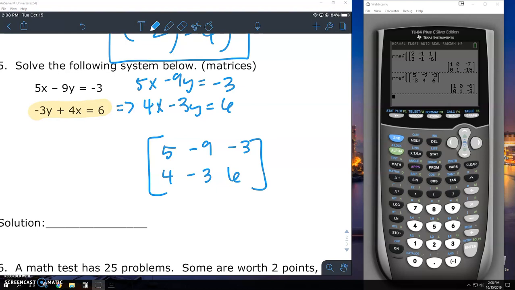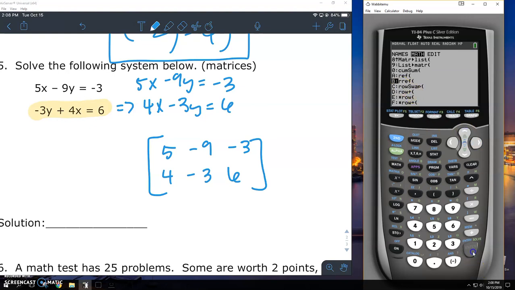I'm typing that into the calculator. So again, going through those steps, second matrix, arrow over to math and go up to B. Now I'm going to click alpha zoom so that I can type in my matrix. Make sure that your rows and columns, remember rows are horizontal, columns are up and down, they're vertical.